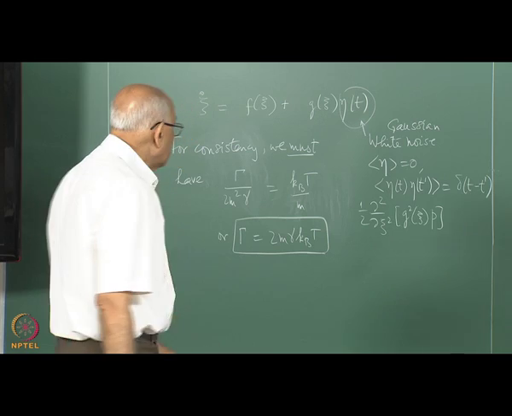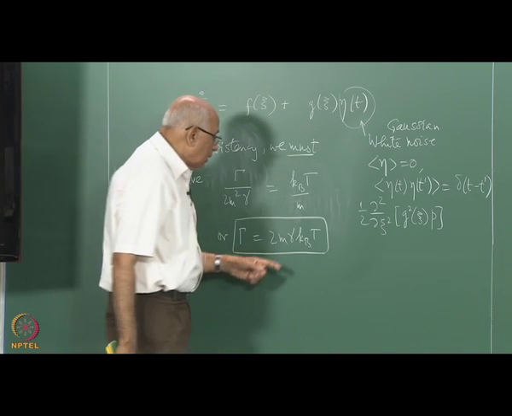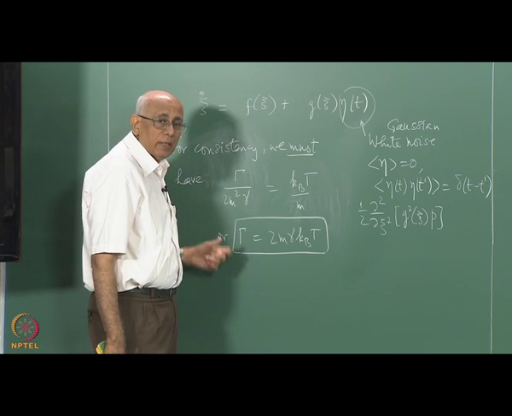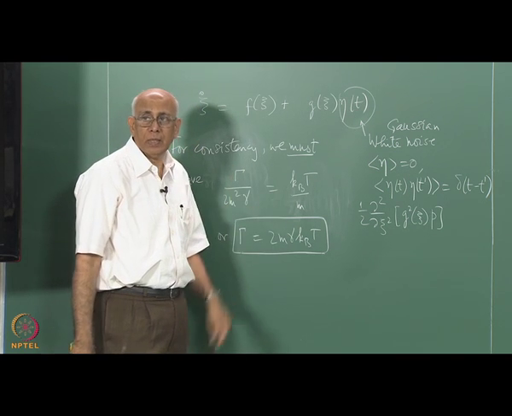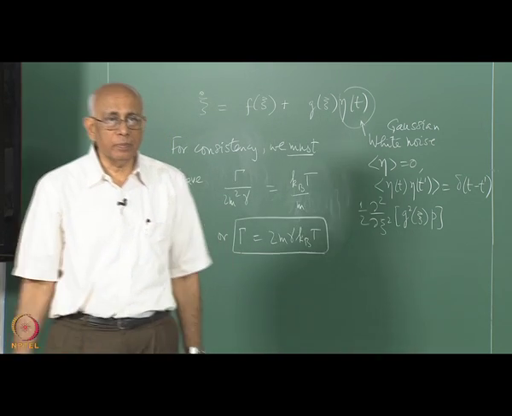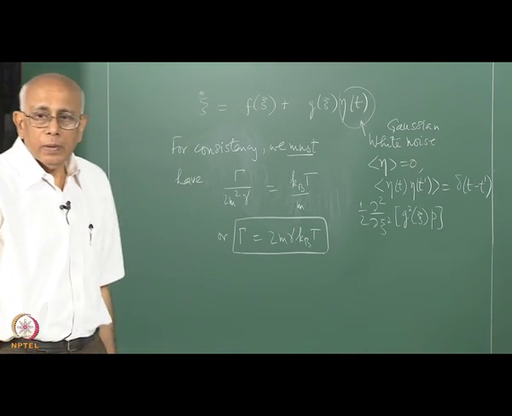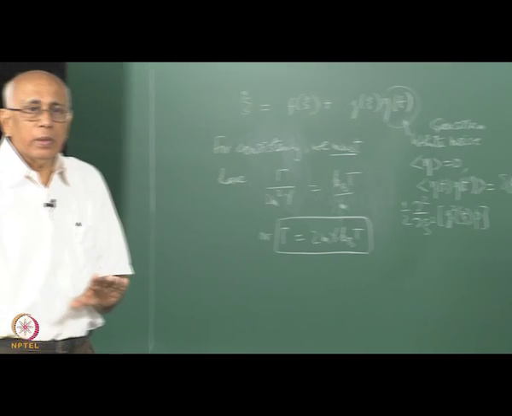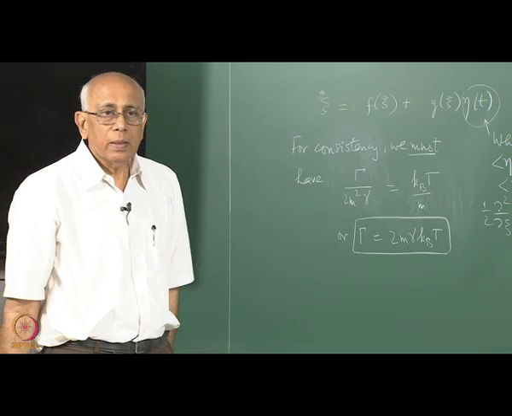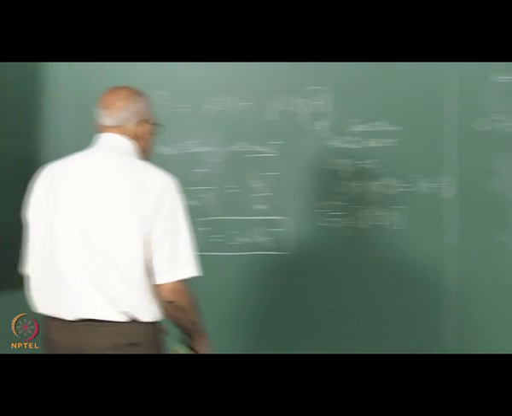And now we are saying that the two are not independent parameters. The larger the viscosity, the larger the fluctuations here, or conversely the larger the fluctuations, the larger the viscosity must be to damp out those fluctuations and maintain thermal equilibrium. There is therefore a connection between the source of fluctuations and the dissipation in the system. And this is the first example of it, the simplest example of it.